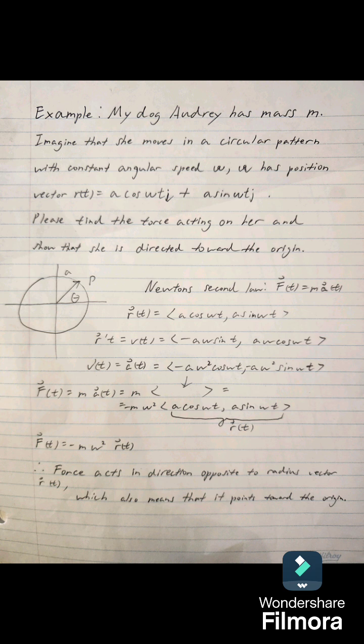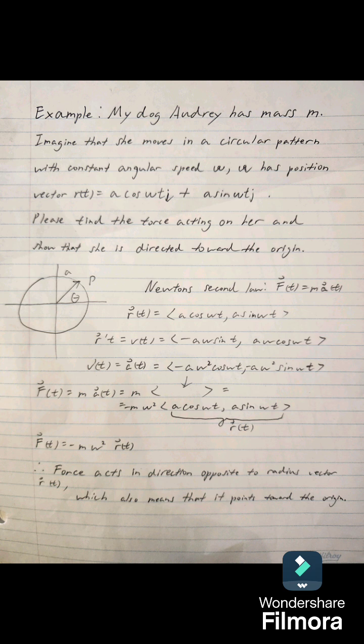Every time you see a cosine something and a sine something, you will know that it runs in a circular pattern. So in Newton's second law, force at time t equals m a, and the vector r(t) equals a cosine omega t and a sine omega t.